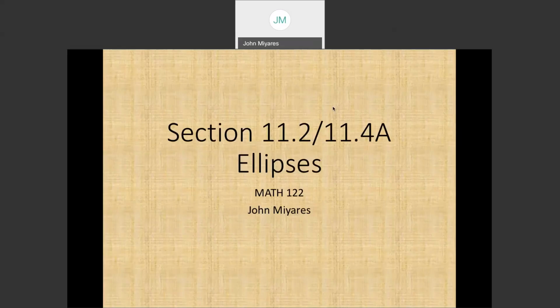What I'm going to do here is teach you all how to work with ellipses in any form, whether they are centered at the origin or not. This way, we're covering all of section 11.2, then part of section 11.4.